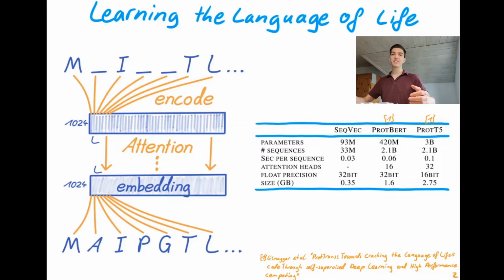In our specific setup, we're using the last layer of the transformer for our embeddings, and the dimensions for our representations that we end up with is 1000 by 1024 by the length of the amino acid sequence, the length of our protein. So the size of our representations right now depends on the sequence length.